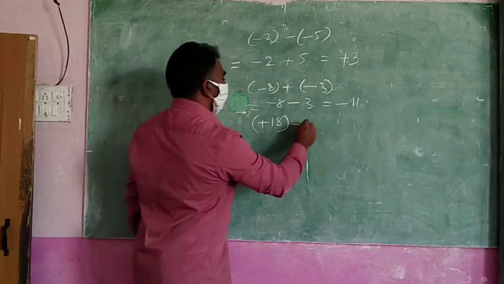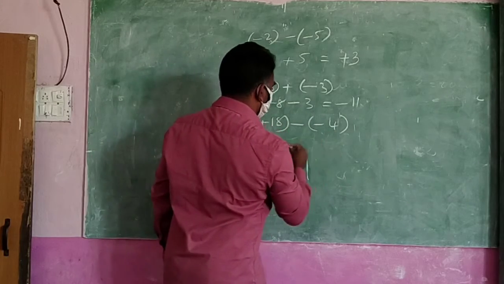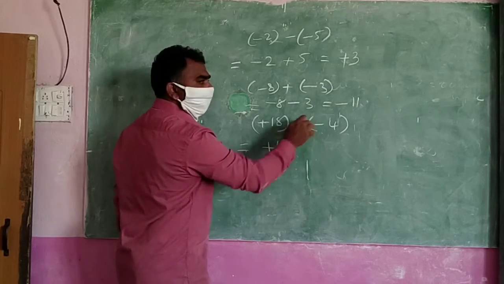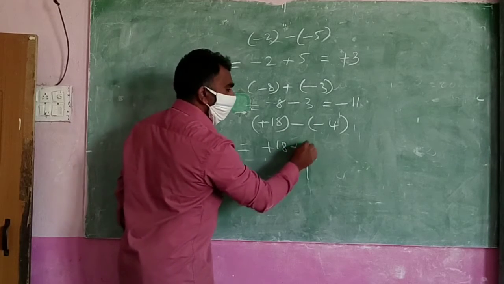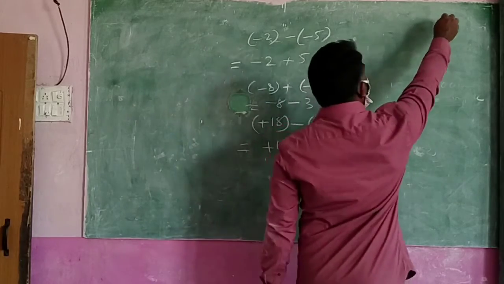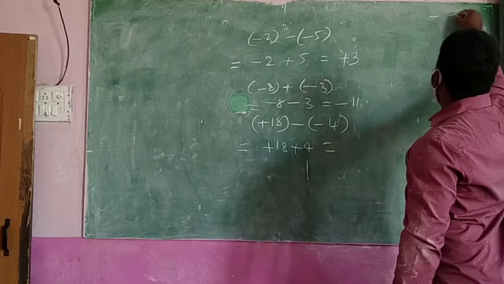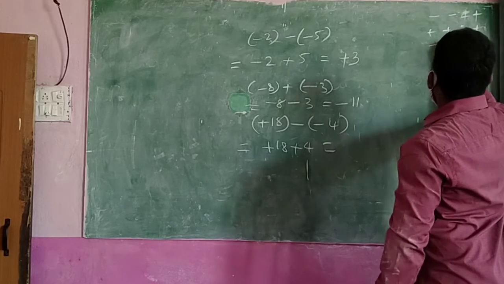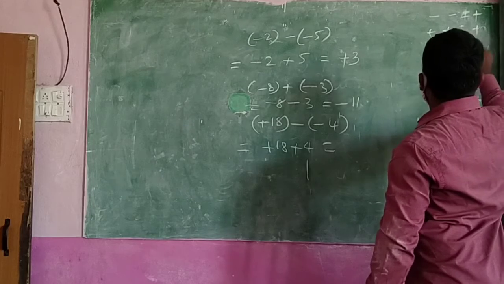Plus 18 minus -4. Plus 18, minus, plus. You have to remember this. I said to you, minus plus, plus also plus. Plus minus or minus plus will be minus.